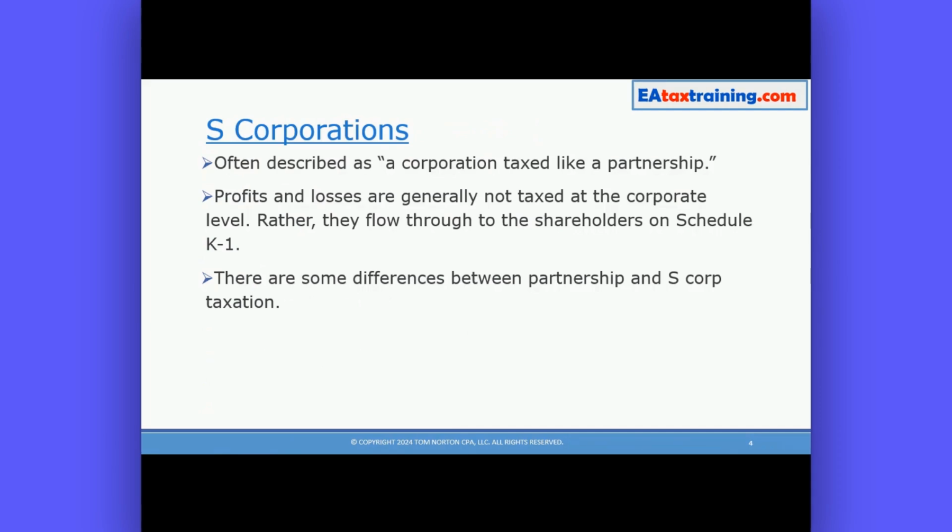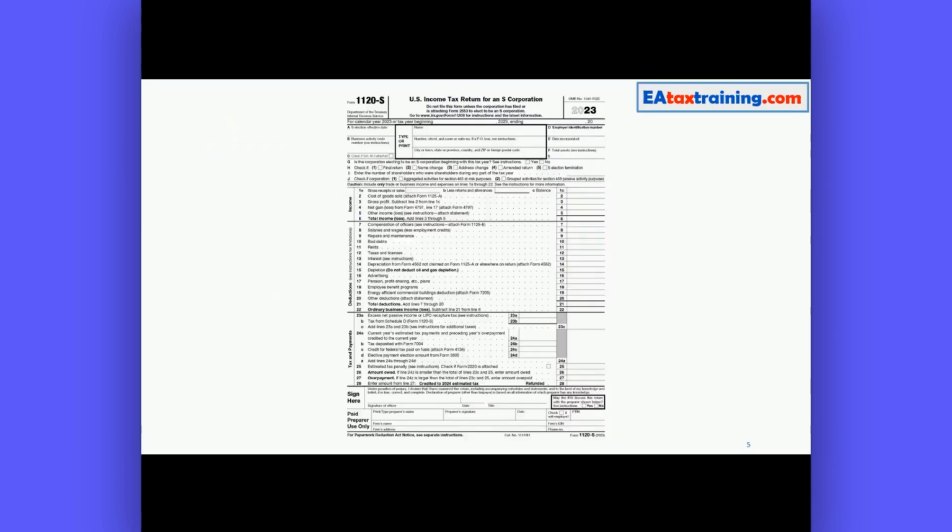So in that respect, it is a corporation taxed like a partnership, but there are some important differences between S corps and partnerships. They may not seem like a huge deal on the surface, but when you're trying to decide between one entity or the other, they can make a big difference depending on what the owners want to do with the business. So we'll talk about a couple of those as we go through this video.